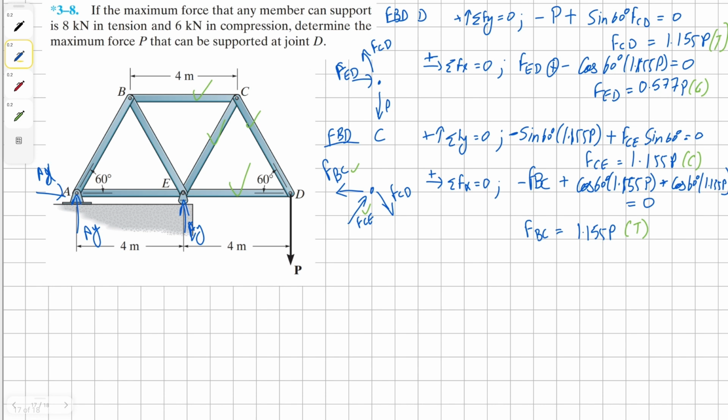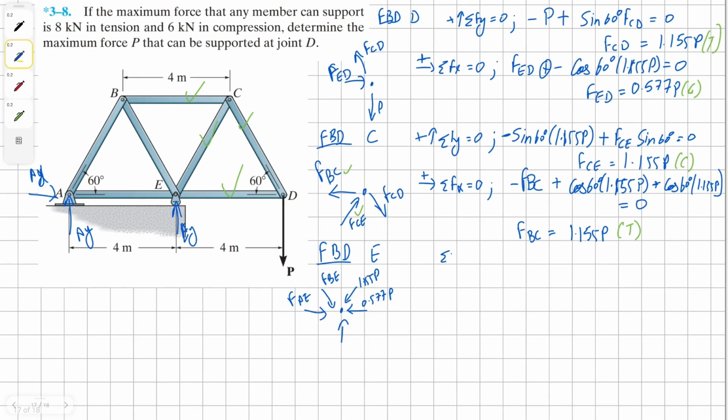Now we'll move to joint E. I'm going to sum the forces once again in y direction in order to find the value for force BE. We need vertical component of force BE and vertical component of force EC, all equals 0. Solving for force BE, we get our solution as 1.155P. And this member is in compression.